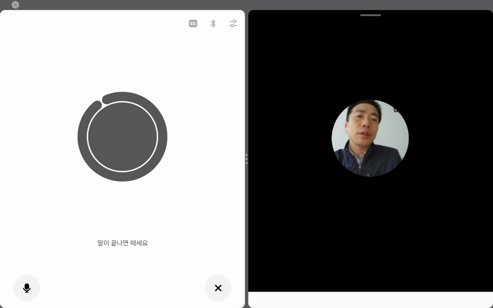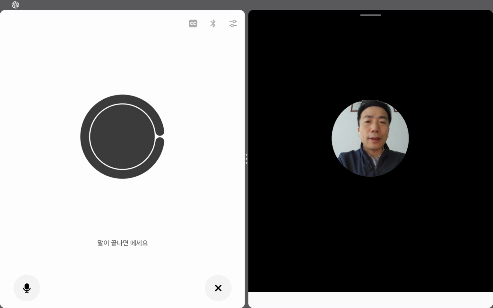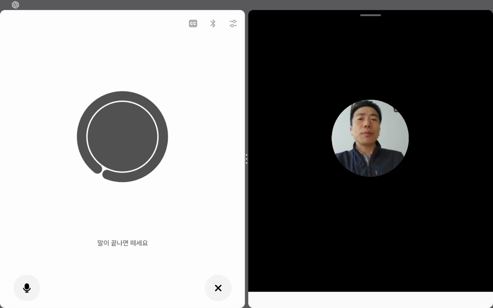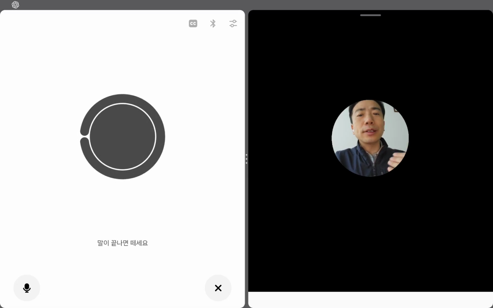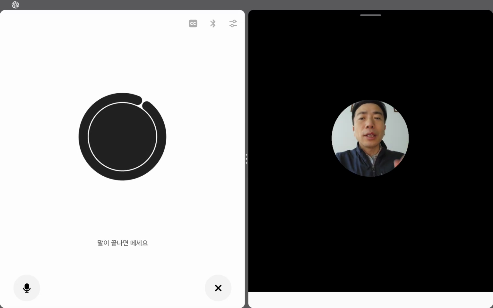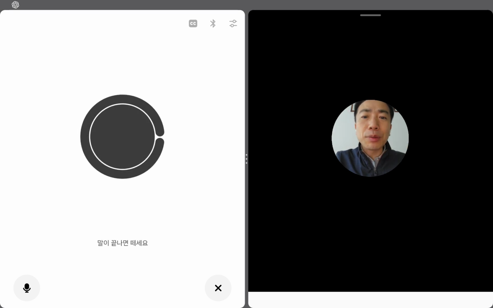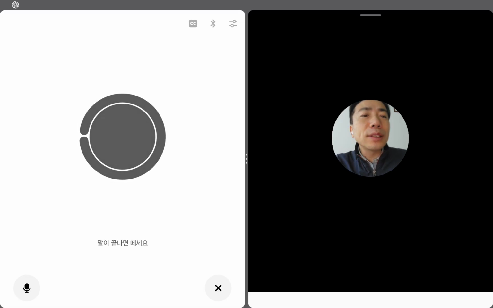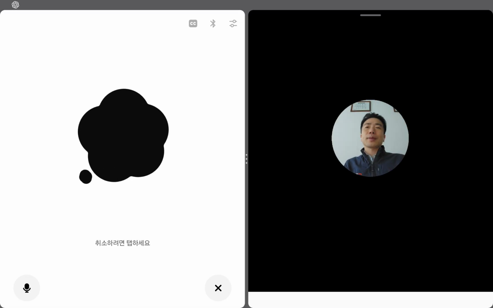I think the first one is more understandable, easier to understand for many Koreans. Let me say one more time. Automatic restart within 10 seconds is acceptable, but it must not happen more than 3 times.